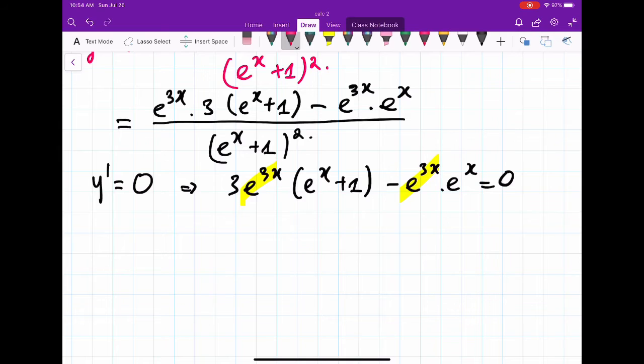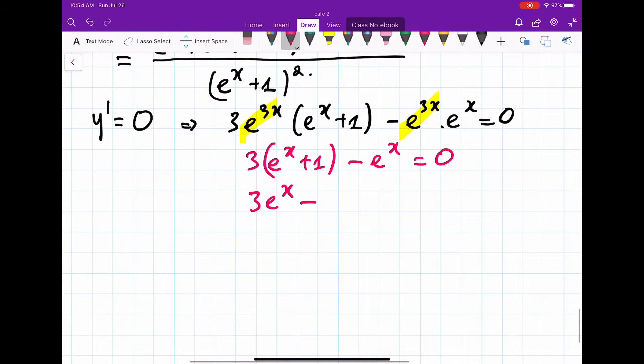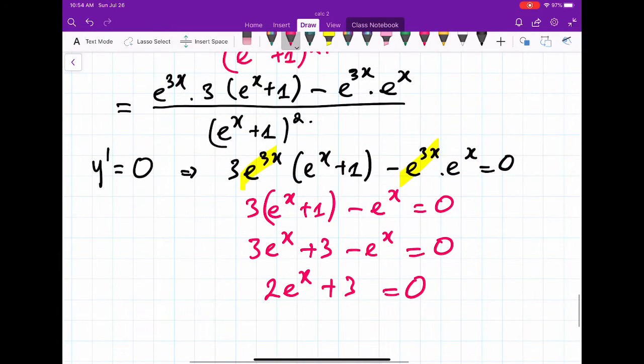So I still have 3 times e to the x plus 1, minus e to the x, equal to 0. And we have 3e to the x plus 3 minus e to the x equal to 0. And that is 2e to the x plus 3 equal to 0.